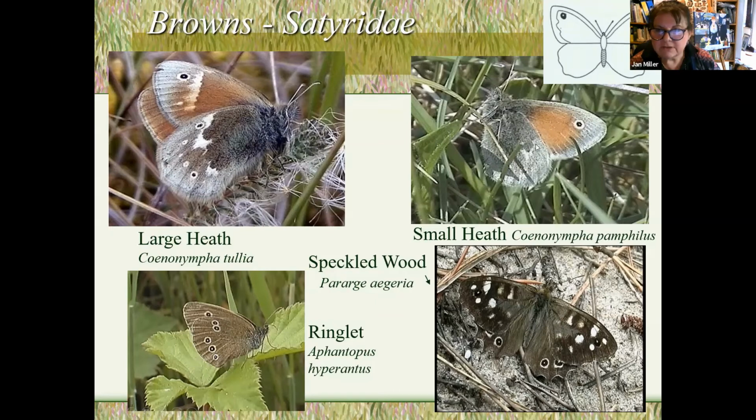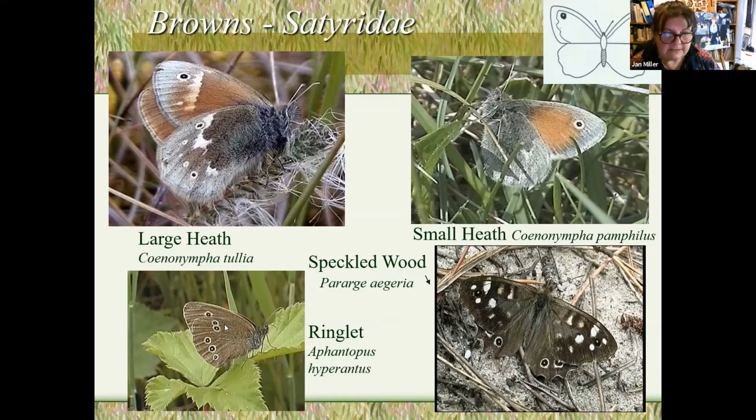And I've started seeing it in gardens a lot more and on verges. Again, it's got a greyish furry appearance, but on the top, it's very orangey brown with just a tiny little black dot at the top point there. And it's smaller than the other browns.